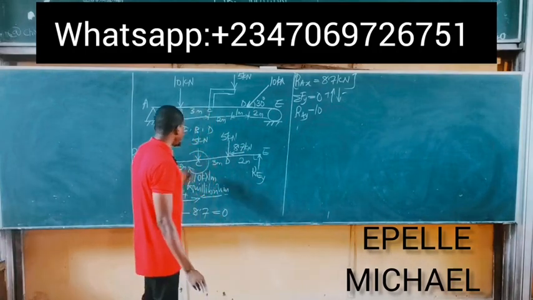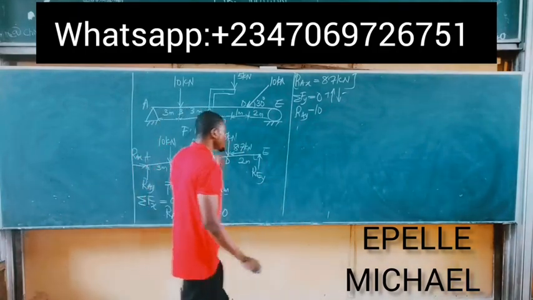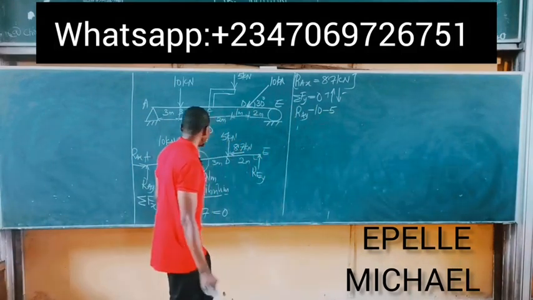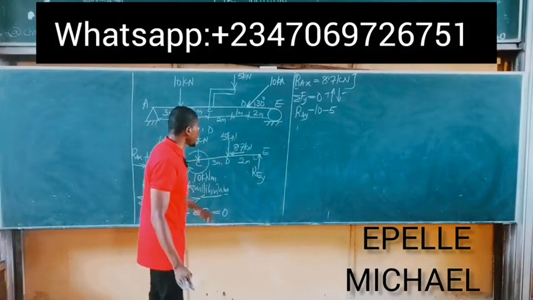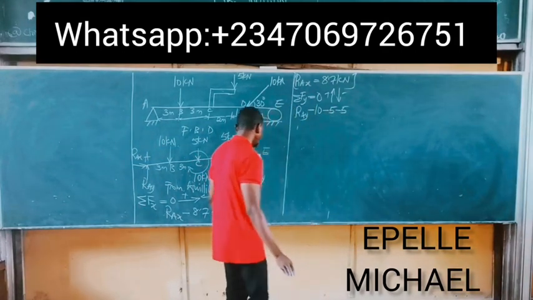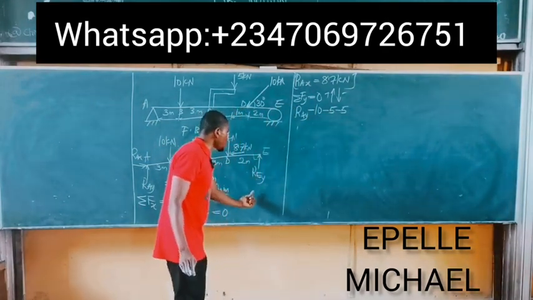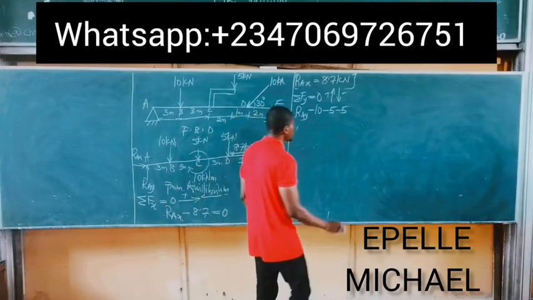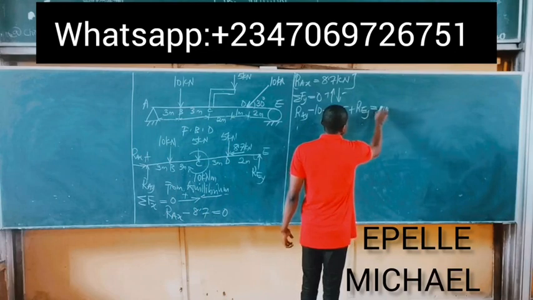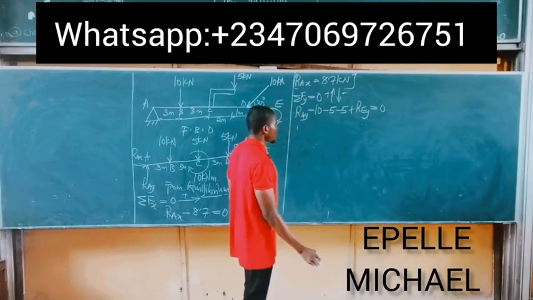And at C, we have 5 kilonewtons force acting downwards as well. We simply have minus 5. At D, we also have 5 kilonewtons acting downwards, so we indicate minus 5. And finally, at point E, we have REY pointing upwards, so it becomes positive REY. So the whole of this is equal to 0 from equilibrium law.